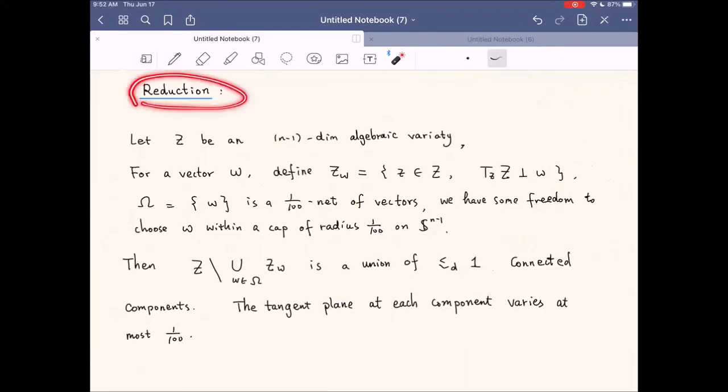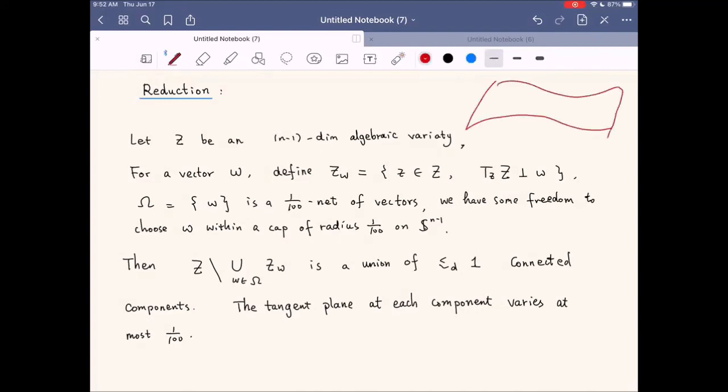So this reduction, I will just say it: here we have, say, an (n-1)-dimensional surface, a hypersurface.